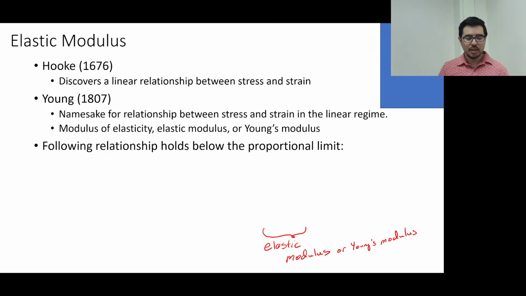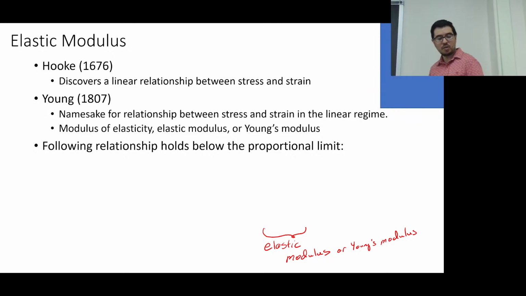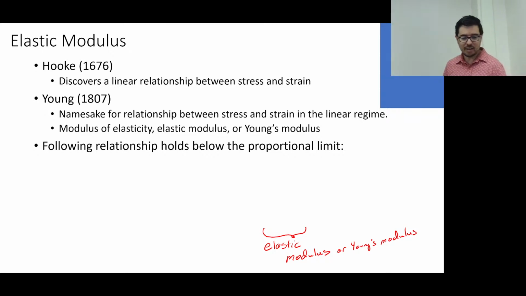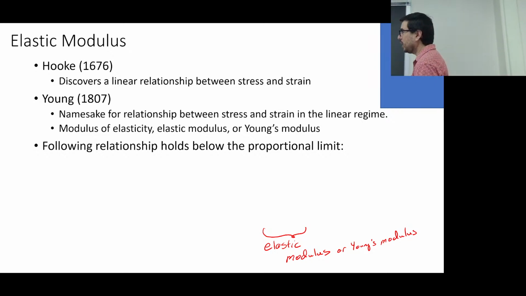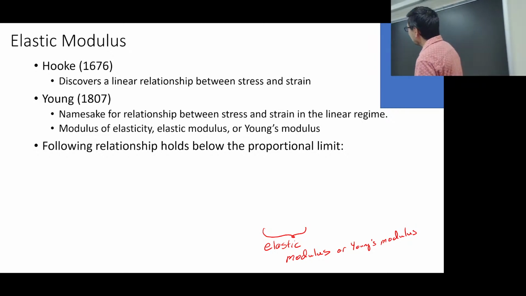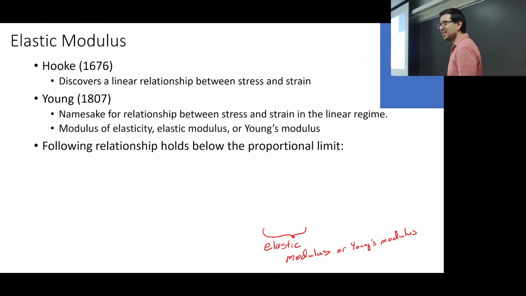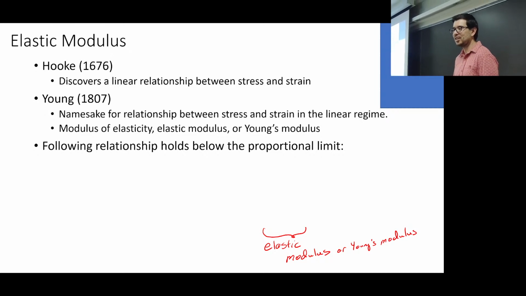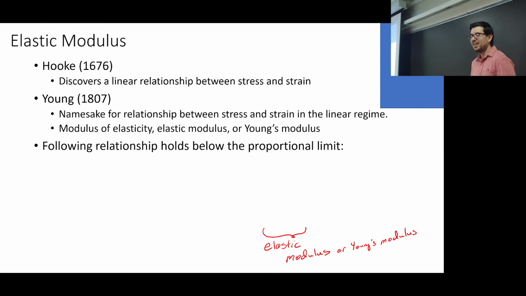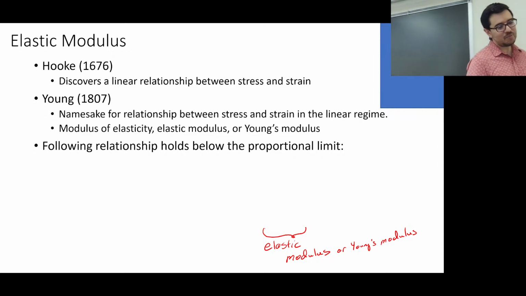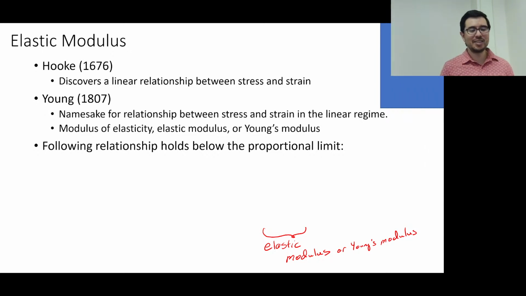From a little bit later, Young is the one that gets his name plastered on the fact that there is a linear relationship, and so he gets attached to the constant. Hooke discovered it, but Young's name is plastered on it.